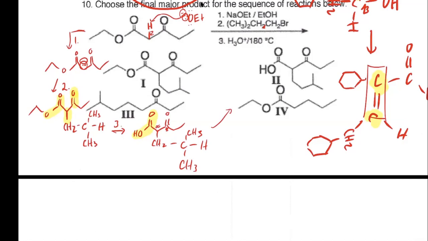So let's see which one that would be. We want one that for sure doesn't have a carboxylic acid anymore. If we do process of elimination, it's not going to be that one, because that's what we would have before the decarboxylation, what we had after, on number 3. Number 4 has an ester, and we don't have an ester in ours.